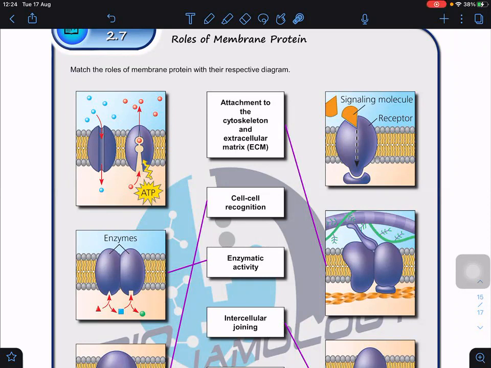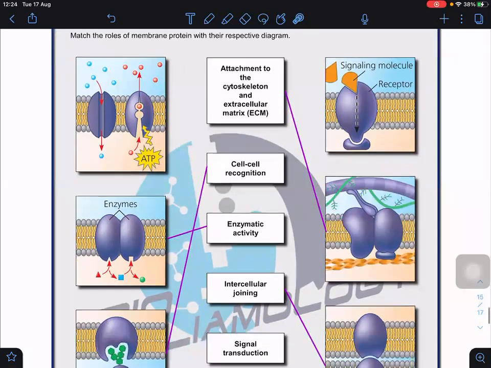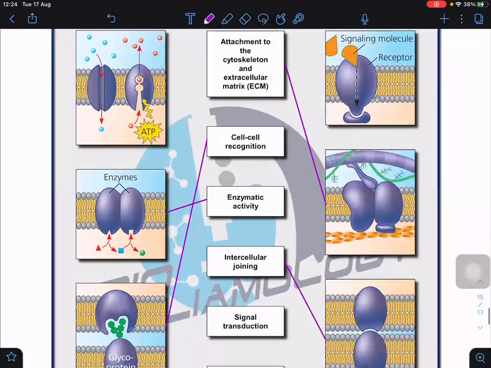The post box is something like a receptor, allowing signal transduction. So this is the answer. We will learn about signal transduction in the next topic, after I have done the protein.